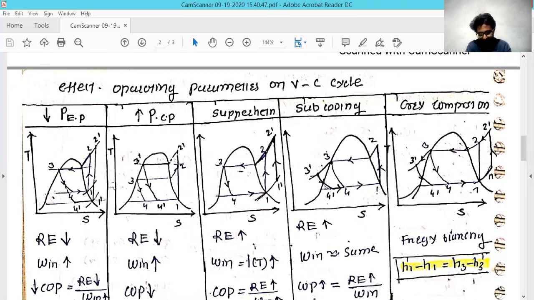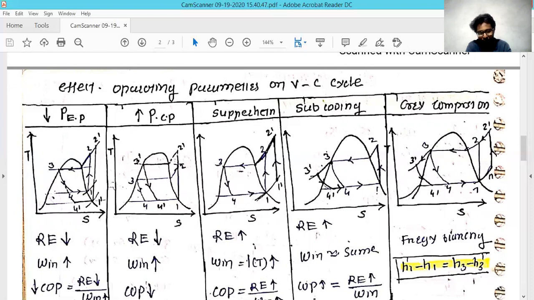As we see on the diagram, the heat transferred to the atmosphere was previously comparatively higher than in the 2 dash 3 dash position, because the latent heat is getting reduced. From that latent heat at point 3, if you expand to the evaporator pressure, the refrigeration line changes in a different manner.